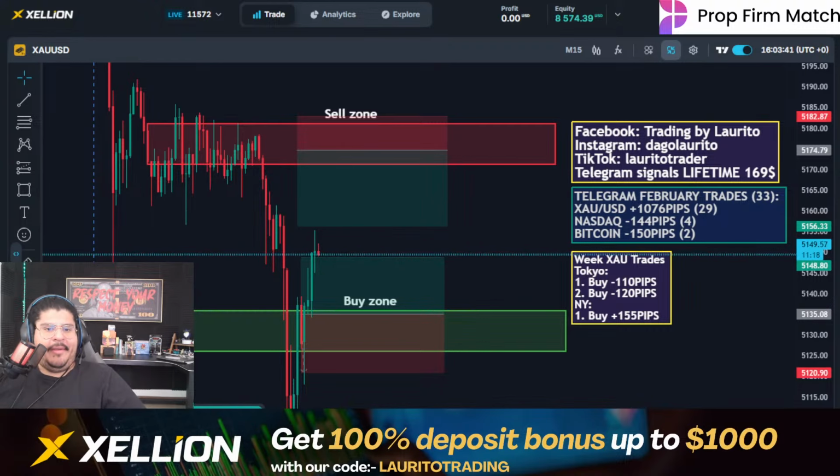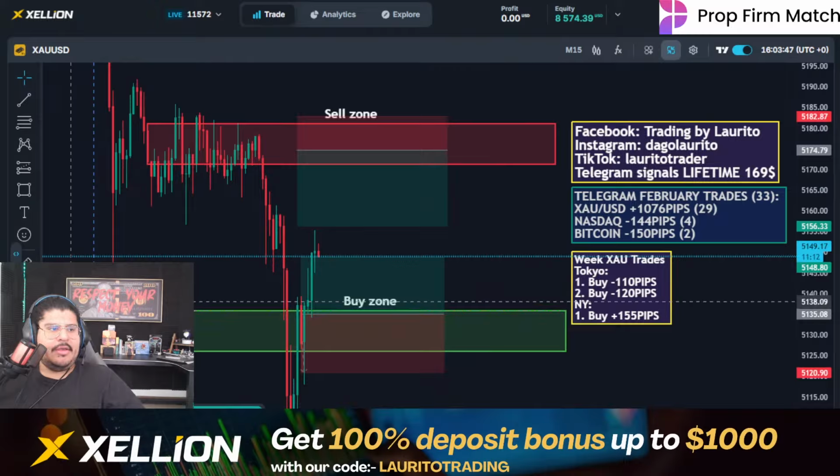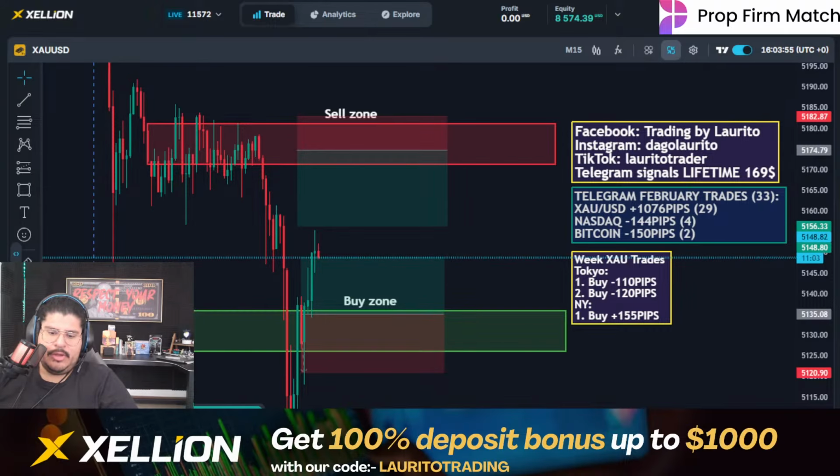So we are in the middle of the zones now, so we need to take care of those positions, guys. Okay, so be clear of that. Just relax, wait, and let's see what happens.